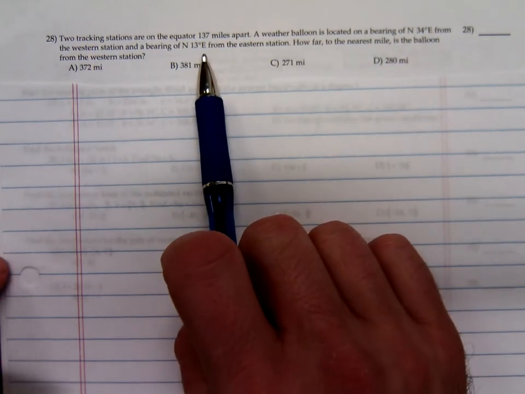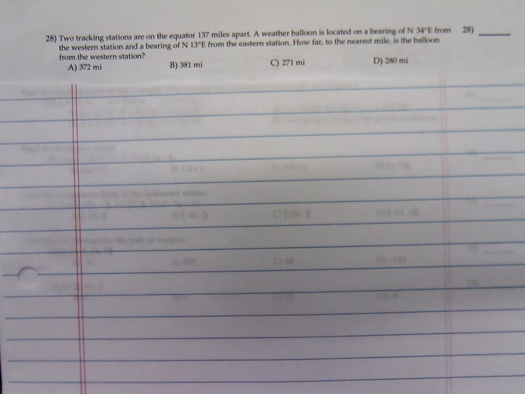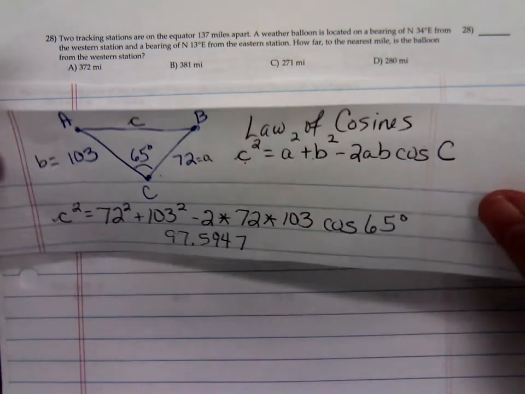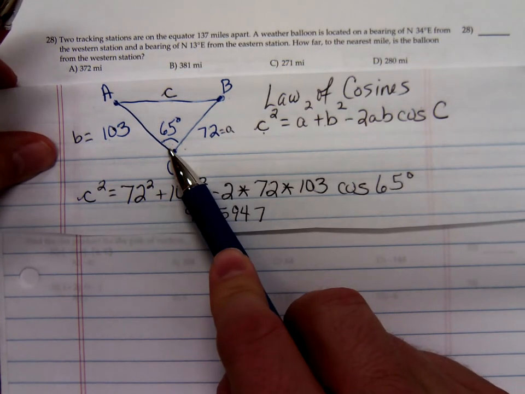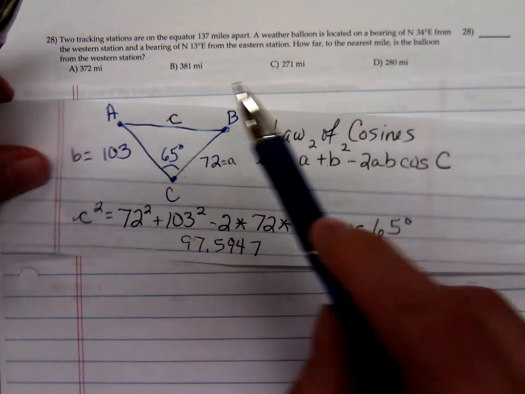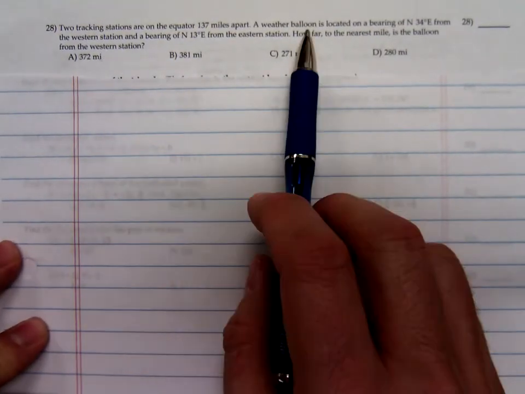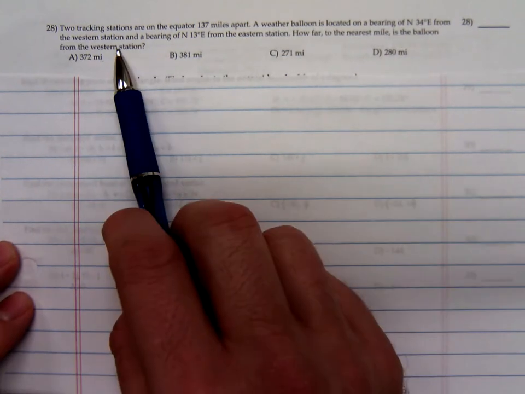This weather balloon is not between them. Like here on the one we just did, the point C is between point A and B. But on this drawing, to get it pictured and drawn right, that weather balloon is to the northeast of both of these.